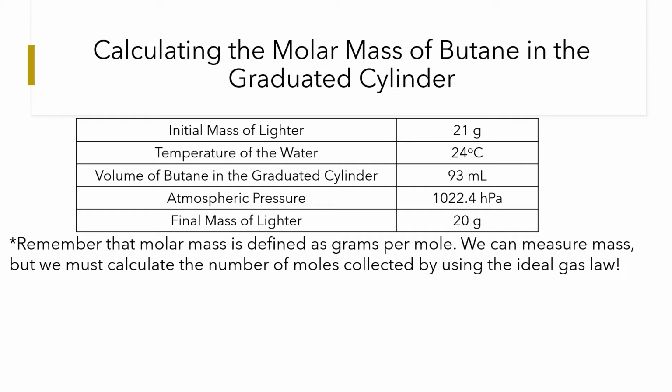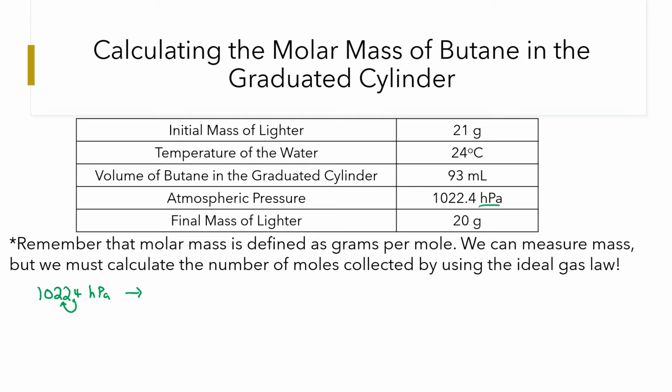Okay, atmospheric pressure is given to us in hectopascal, but I need it to be in kilopascal because our water vapor pressure is given to us in kilopascal. So in order to do that, all I have to do is move my decimal place one place over to the left.